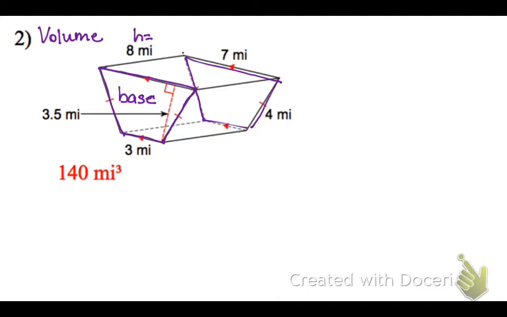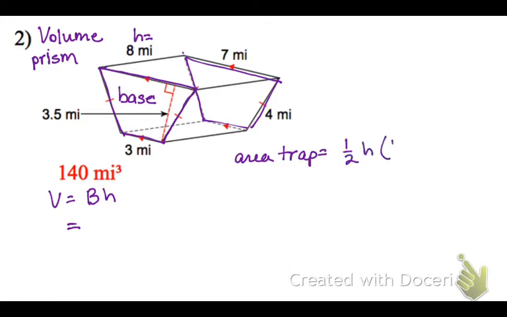And so the tricky part with this problem is trying to figure out what is the base and what is the height. Again, this is a prism. The volume of a prism is V equals base times height. Remember the area of a trapezoid is equal to 1/2 the height times B1 plus B2.